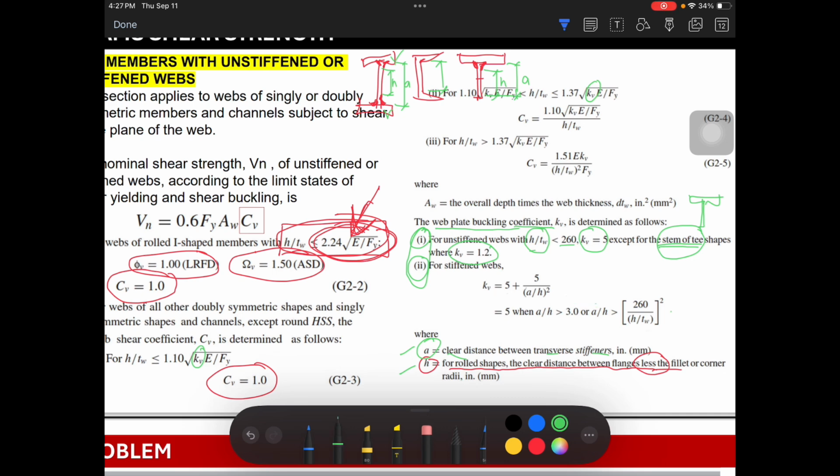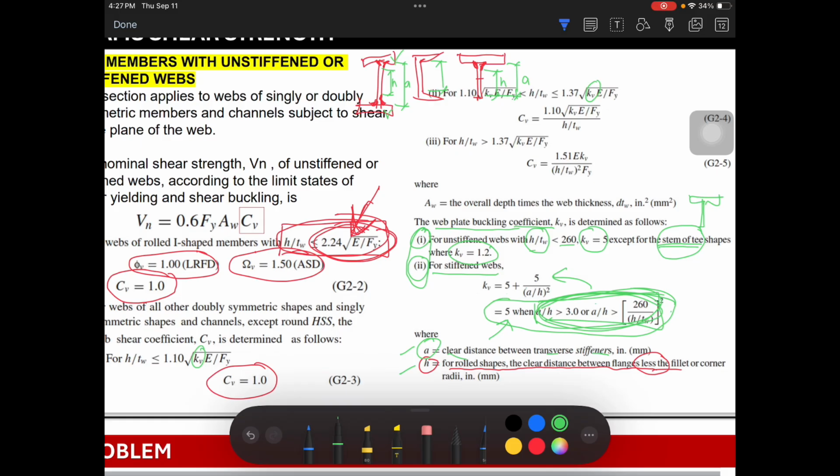If you need the KV, kapag stiffened, kailangan mo i-check ito. If hindi ka mag-fall sa mga ito, dito ka mag-fall. Kapag mag-fall ka sa conditions na to, your KV is 5.